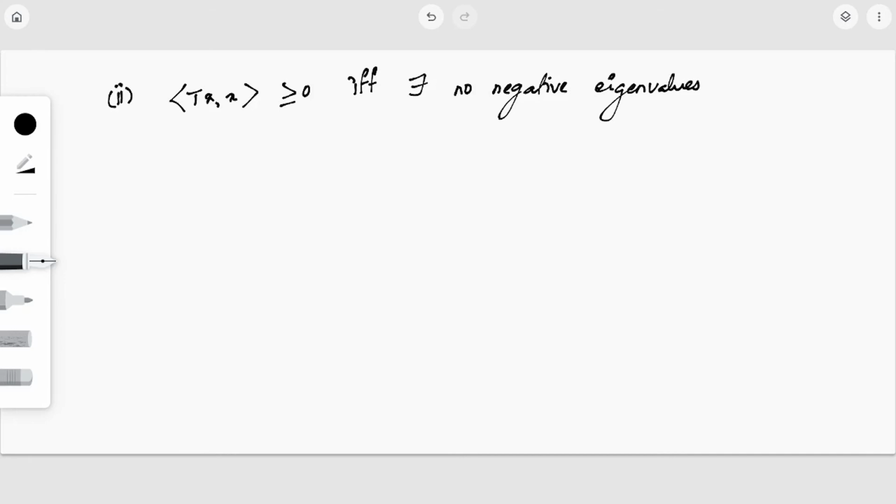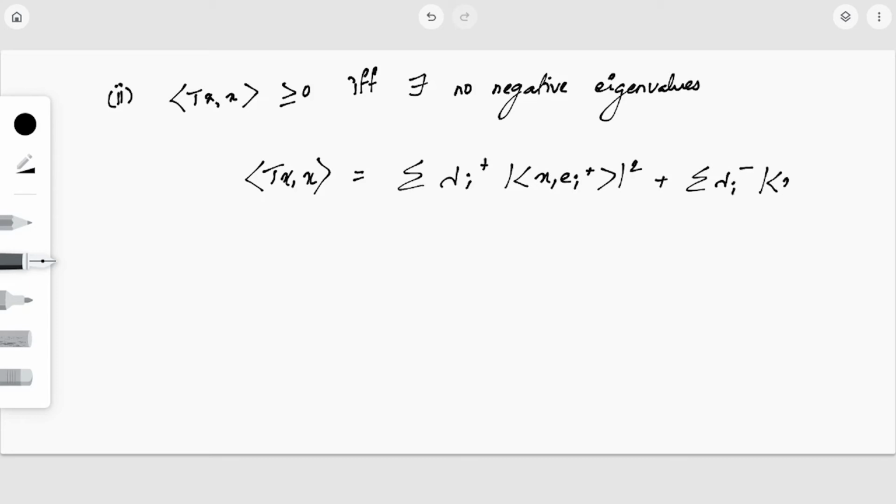Again I'm writing this expression, since we are using it often, so keep it in mind: the summation of λᵢ⁺ times the modulus of the inner product ⟨x, eᵢ⁺⟩ whole square, plus the summation of λᵢ⁻ times the modulus of the inner product ⟨x, eᵢ⁻⟩ whole square.